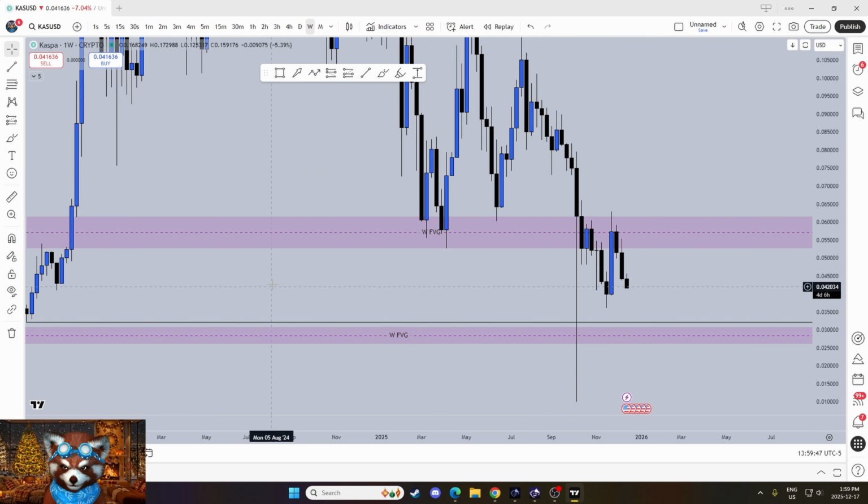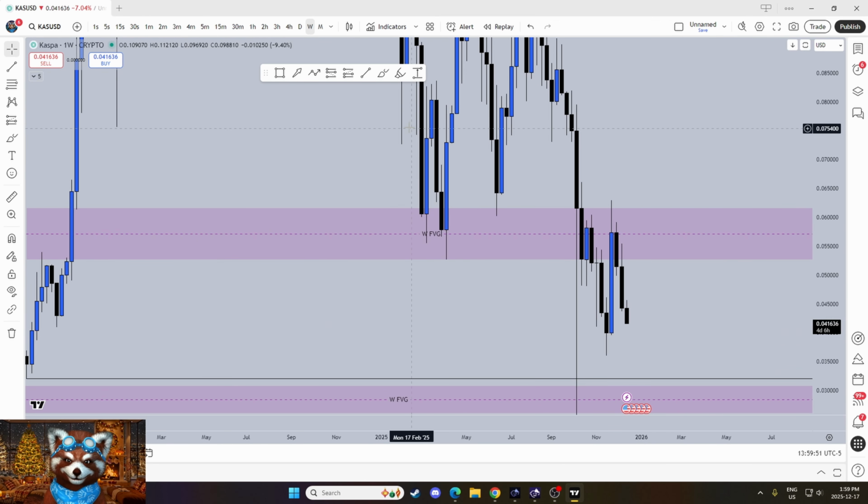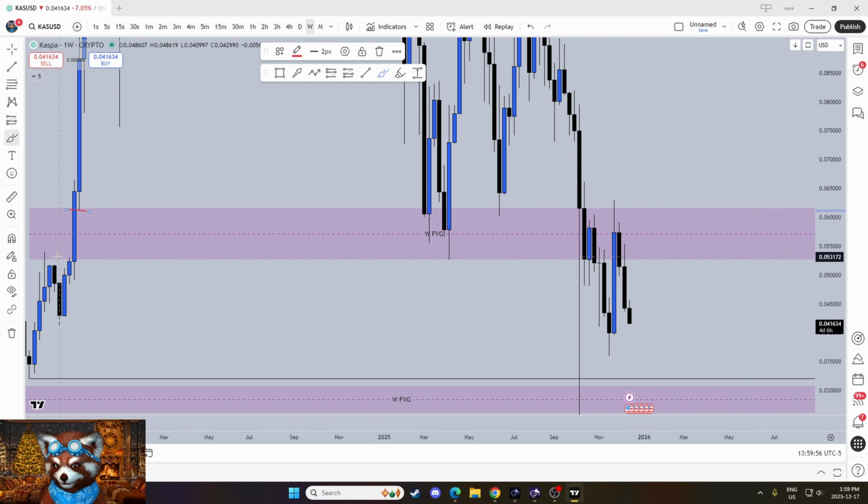Now, what is this purple zone? This purple zone is what we call a fair value gap, a weekly fair value gap. So it is from wick to wick, and it is an imbalance in price. A lot of the times, price will either respect it and push back up or break below it and reject in the opposite direction.